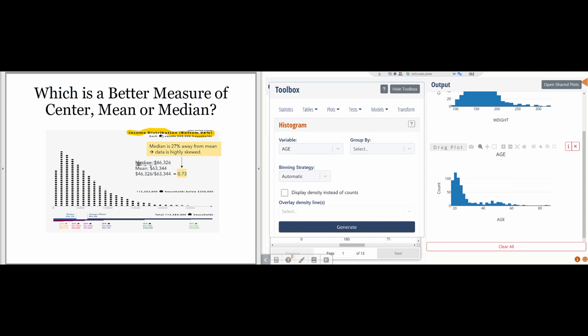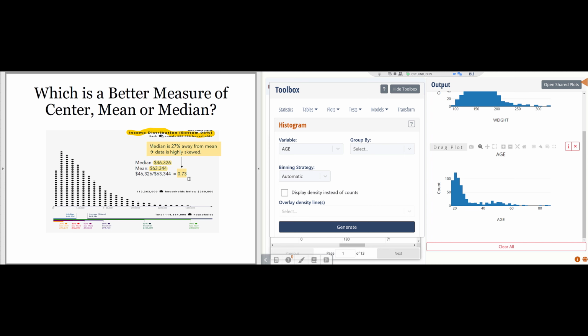The median household income, and again, this is 18 years old, so both of these numbers are higher nowadays, the median income, the income where half of people have that income or lower, and half have that income or higher, is 46,000 and some, whereas the mean is 63,000 and some. All right. Now, that means that the ratio of the median to the mean is only 0.73. That's quite a ways lower than 1.